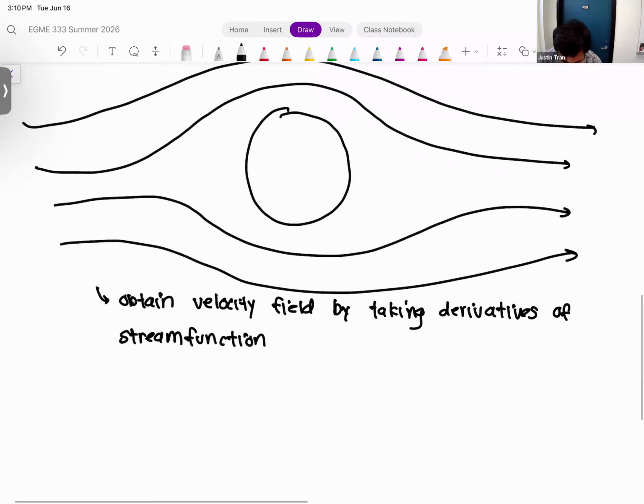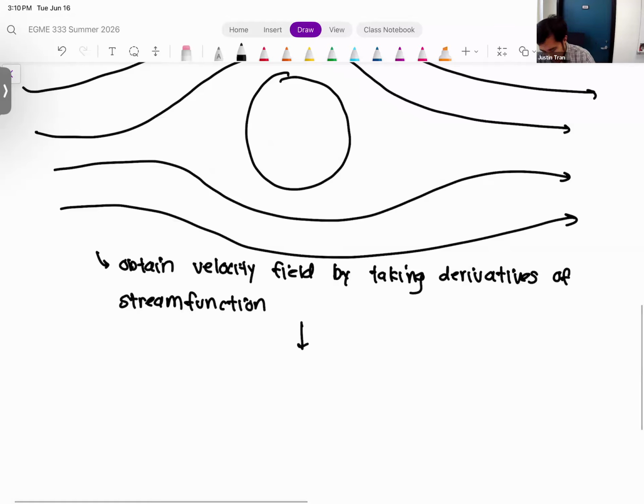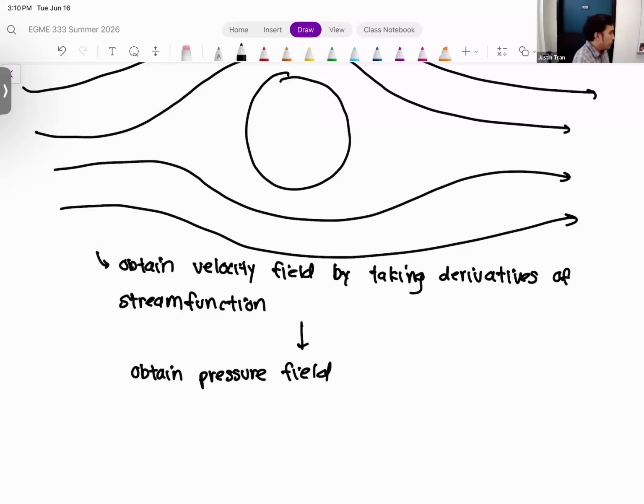And then from the velocity field, the next thing that you're typically interested in is the pressure field, right? Because every flow field has both a velocity and pressure field. Okay, and the way that we obtained the pressure field was that we took our velocity field from the previous step, and then we plugged that into Bernoulli.